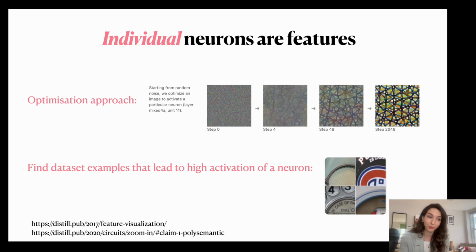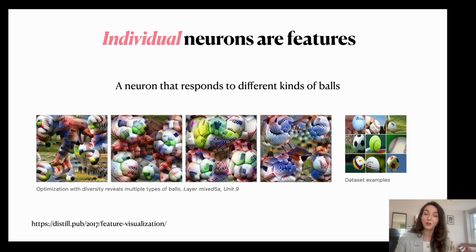And a simpler approach is to not do any optimization, but simply pass through a lot of dataset examples and filter those data points for which the neuron we're trying to understand has the highest activation. Using these methods, they indeed found neurons that correspond to very specific features. So from this, it did seem that maybe individual neurons are features of our input data.